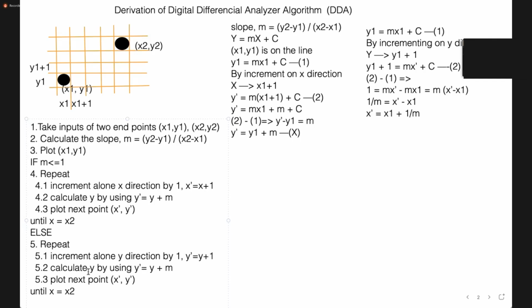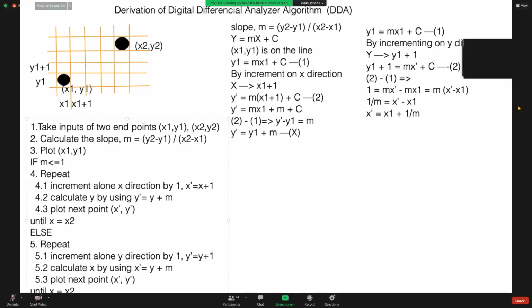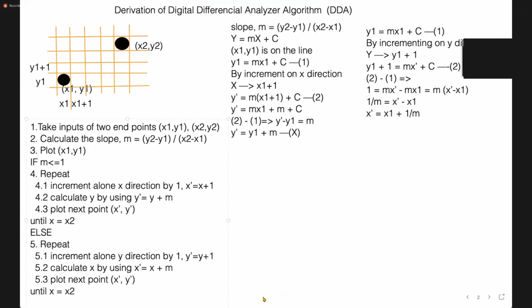And calculate x dash, or x dash, by using x dash equals x plus 1 over m.